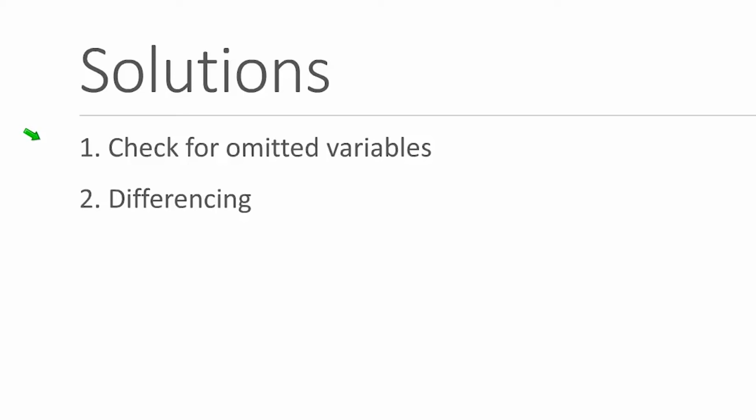For those X variables that are related to Y but not included in the model somehow, we call them omitted variables. And when such omitted variables are important X variables for Y, then we will end up with the issue of autocorrelation. So that's the omitted variable.